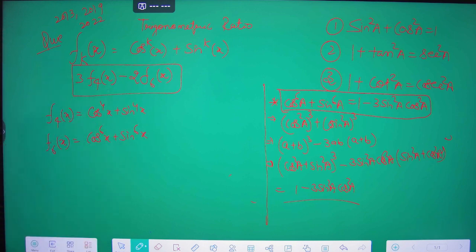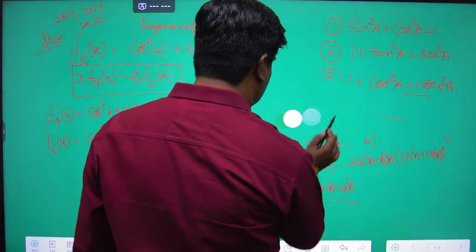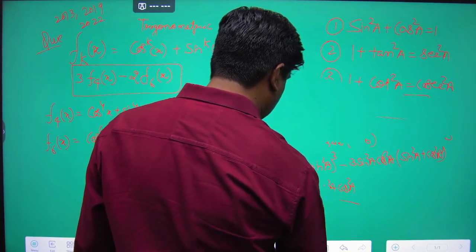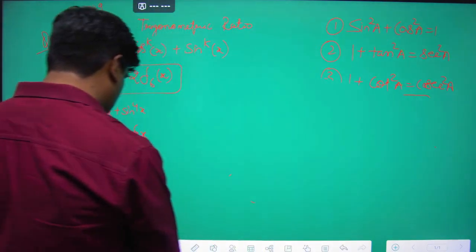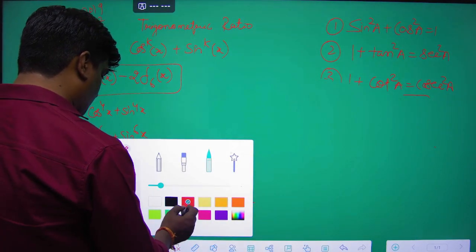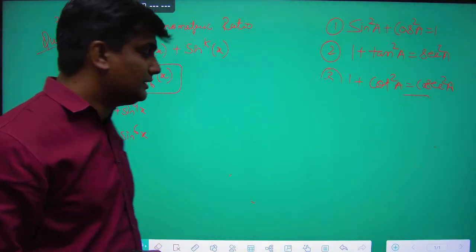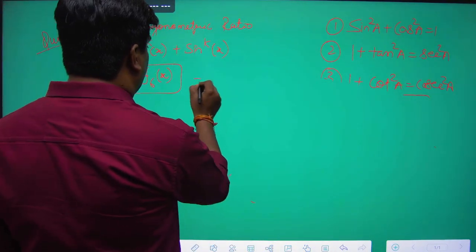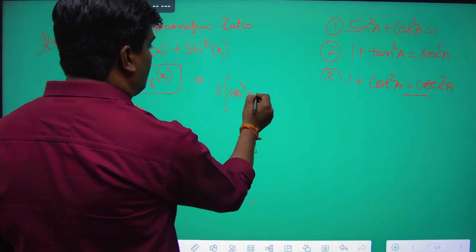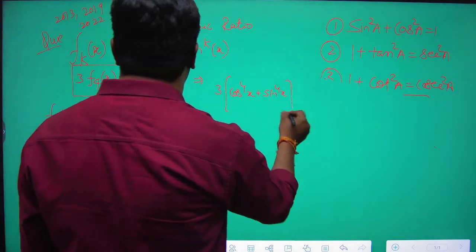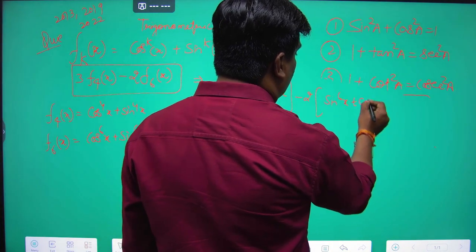Now put the value in the given condition 3 f4x minus 2 f6x: 3 times (cos to the power 4x plus sine to the power 4x) minus 2 times (sine to the power 6x plus cos to the power 6x).